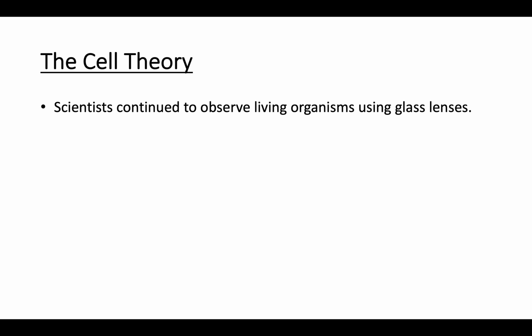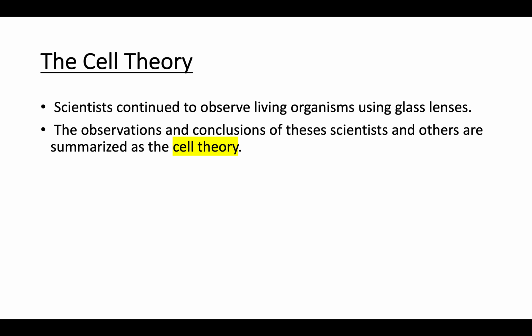So now, everything that we learned from all those scientists in all those years will be compiled into this theory known as the cell theory. It's a compilation of observations from many scientists.